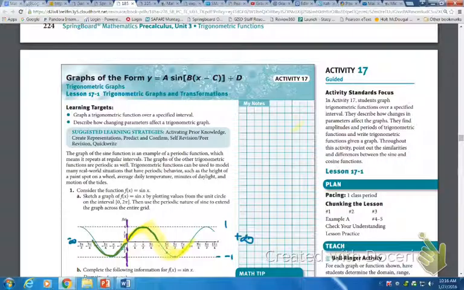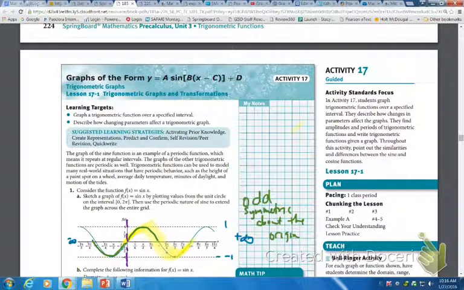Odd. So this is your odd. It is odd because it is symmetric about the origin. Okay.